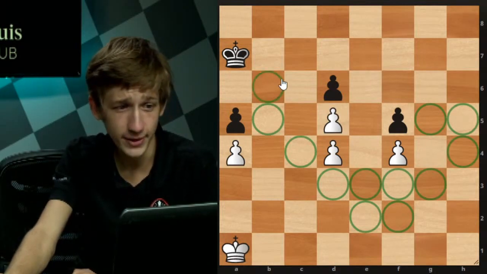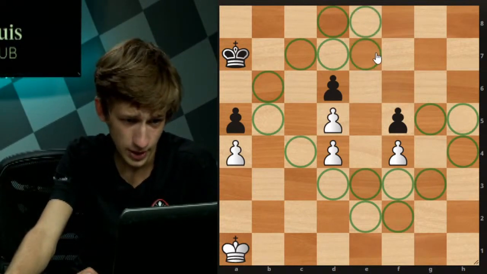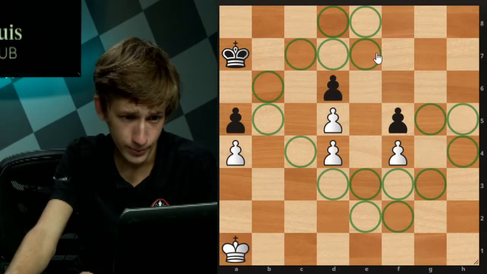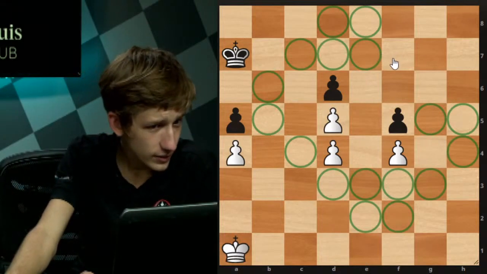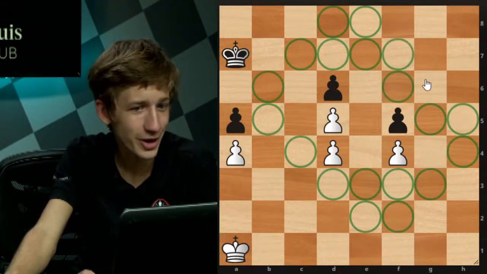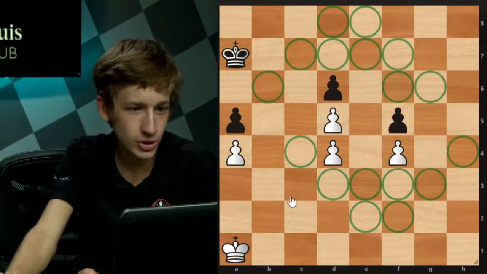And black's shortest path is similarly going to be b6, c7, these two squares, these two squares, and g6. And so this is our shortest path.